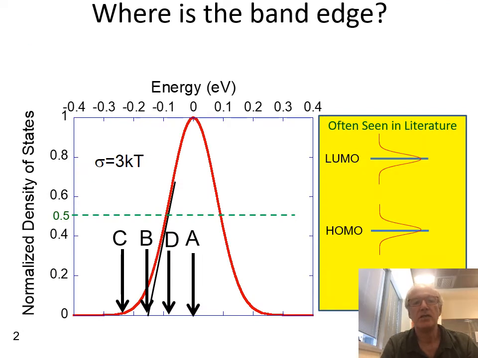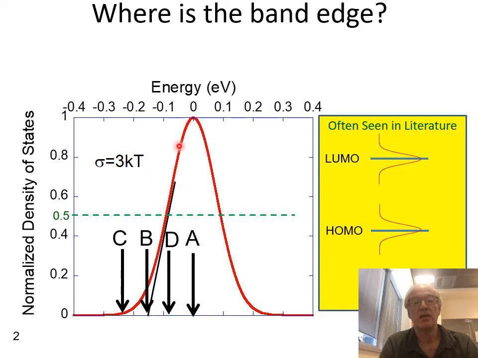So last time we started to discuss the issue of having a density of states which is different to the common parabolic bands, and we started to look into the Gaussian density of states. And we saw that there is more than one way to define the band edge.